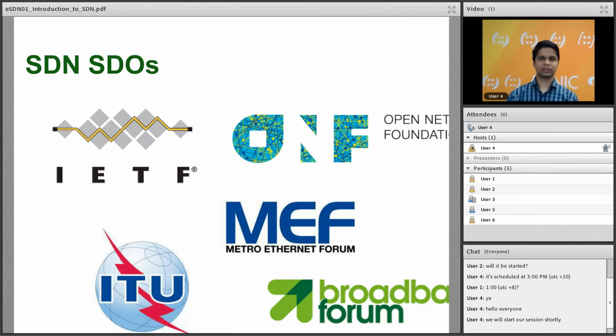So if you look at today's SDN standard bodies or SDOs, there are a couple of key organizations. The first one is ONF, or Open Networking Foundation. They're more focused on promoting open source software as a de facto standard, and they make sure that there will be interoperability between all those solutions.